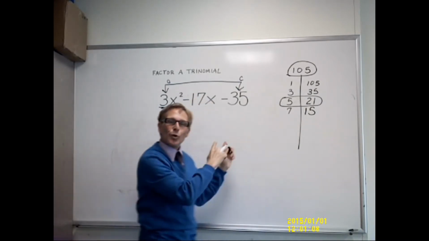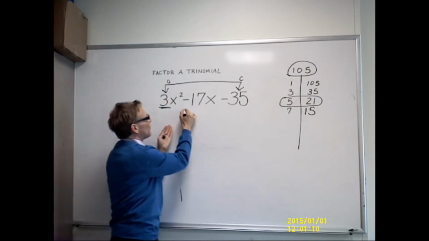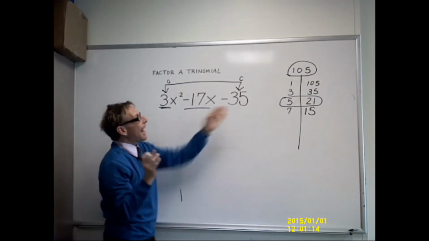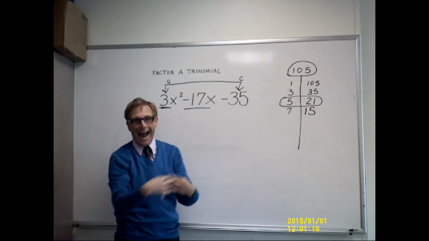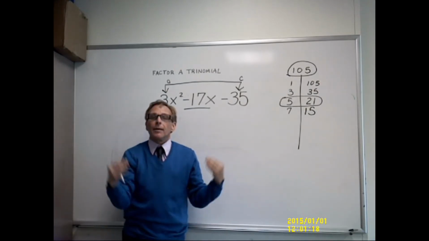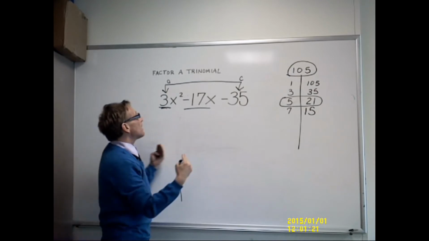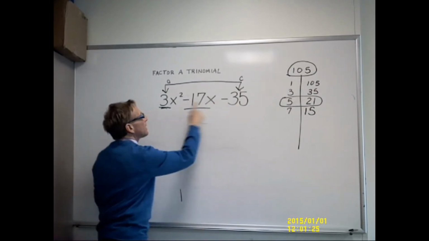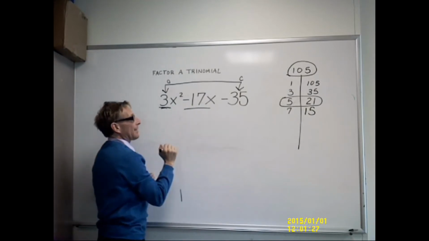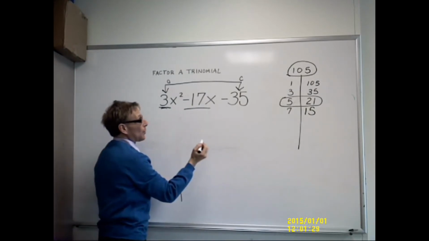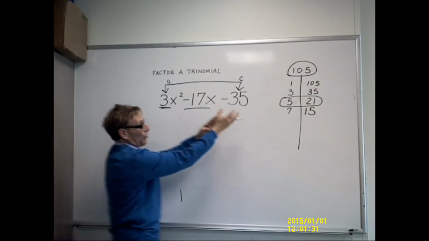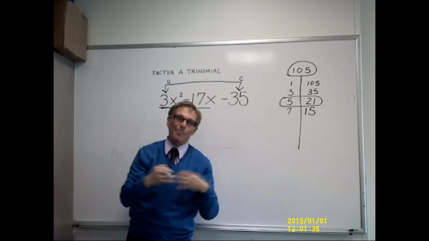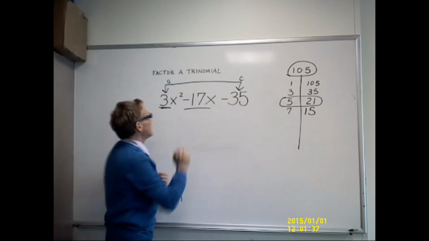But it doesn't work for this problem because 7 times 15 doesn't combine to negative 17x. That was the 5 and the 21, as we did before. Because when you combine them through subtraction, we know it's subtraction because that's negative, we get negative 17. And the higher number would be the negative, the 21, because it became a negative number when I combined it, sign of the higher.